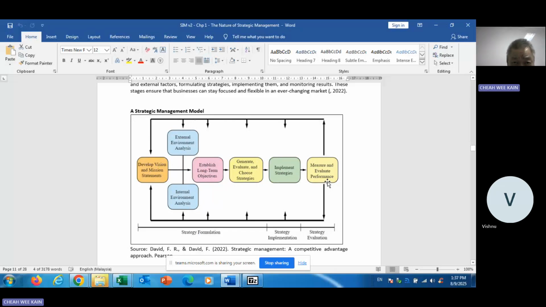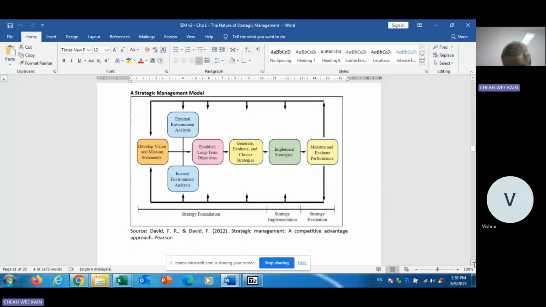One is called evaluating the performance, the actual versus the budget, or actual versus the plan. The second thing is called evaluating the strategy. The initial strategies that we started, is it okay or not okay? Can we improve? So all this evaluation of the original strategy helps you when you're making the new strategies in the future. Okay, so there are two evaluations here.